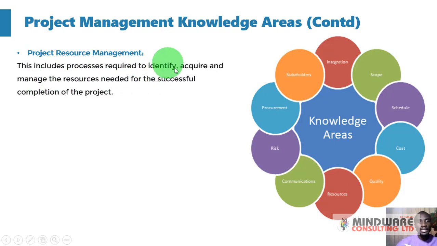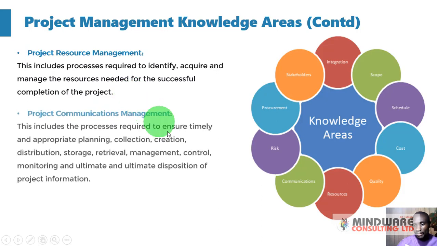So project resource management has to do with identifying these resources you're going to require, whether they're human resources, information resources, financial resources, material resources. So you identify them, and then you acquire them, and then you begin to manage their allocation to the various activities or the various aspects of the project throughout the life cycle for the successful completion of the project. So that's what resource management is all about.